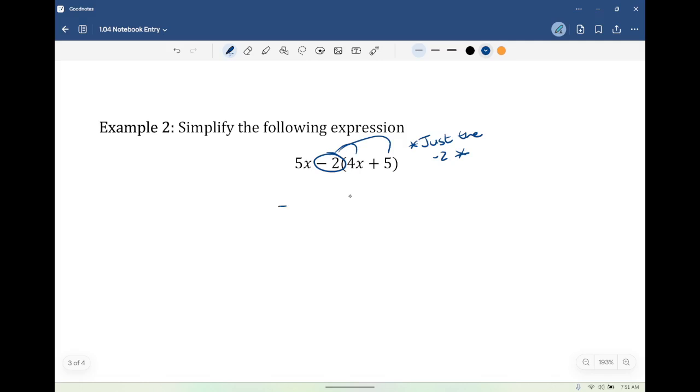And so when I do this, I'm going to get 5x, okay, -2 times a +4, that's -8x. -2 times a +5, minus 10. And from here, I just have to combine my like terms. 5 minus 8 is going to give me negative 3x minus 10.